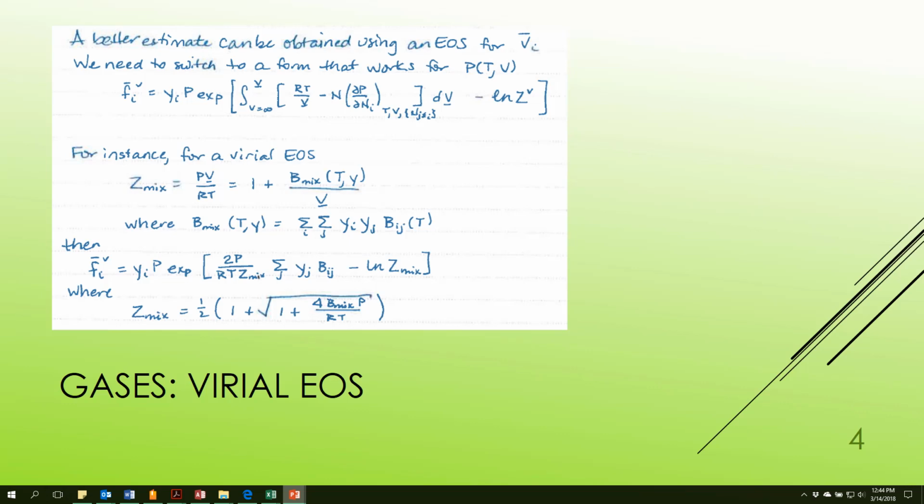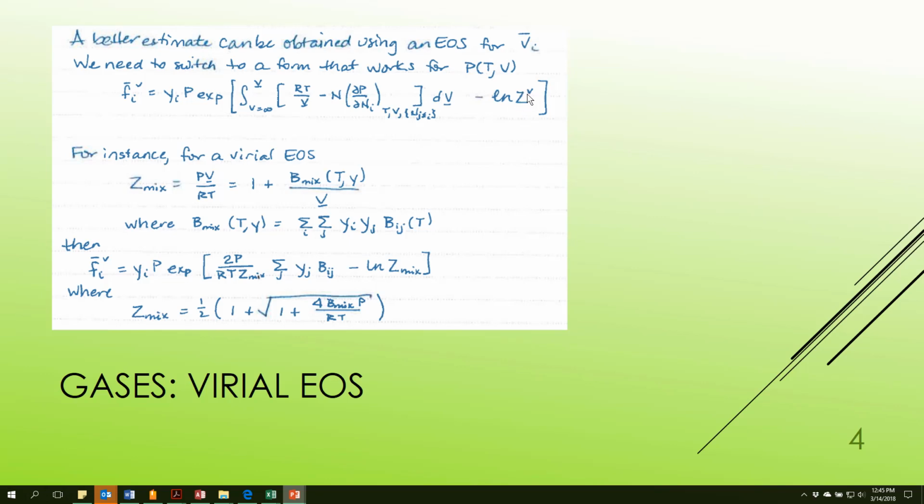It's the same point, just a different expression of that point, up to the actual volume. And I'm going to integrate the pressure expression, RT over V for the ideal gas minus what it would be for this species in a mixture. Integrate that over the volume, and then I need to subtract off the natural log of the compressibility factor for the vapor phase.